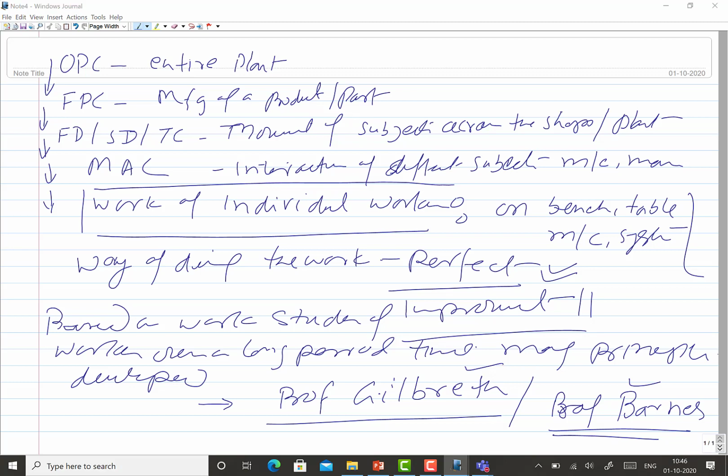Okay, so these people have worked a lot and they have compiled the entire thing, the way by which work should be done by a worker, so that it requires less effort, it causes less fatigue, and so the worker can continue for a longer time without much need of rest.